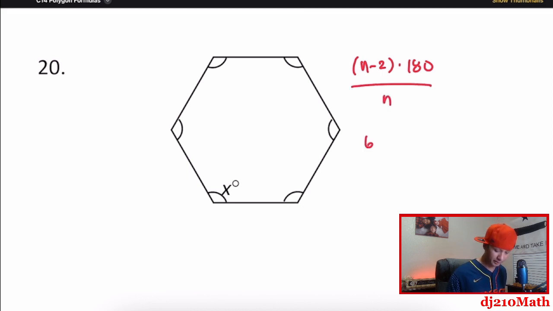So if I have a hexagon, 6 minus 2 is 4, times 180 is 720. This is 720 total, when you add them all up. But I want it each, so you have to divide it by the number of sides. You divide it by 6. So 720 divided by 6 is going to be 120. So each of these is equal to 120 degrees.